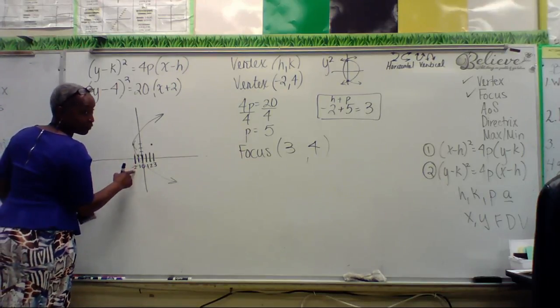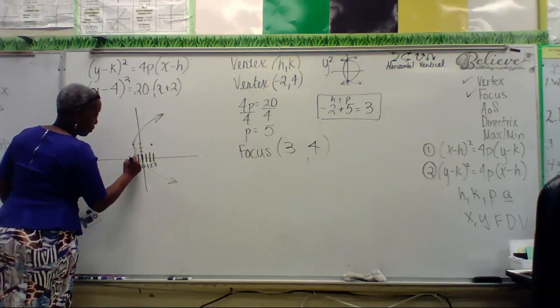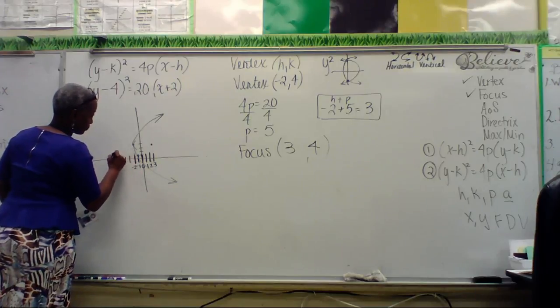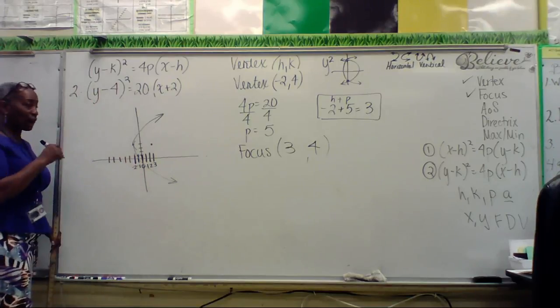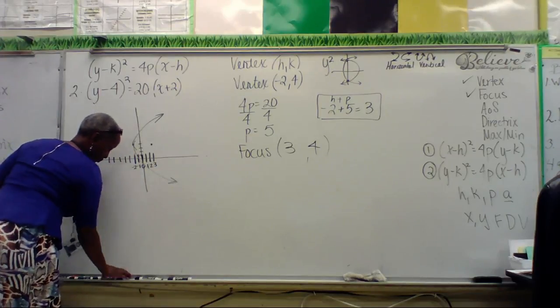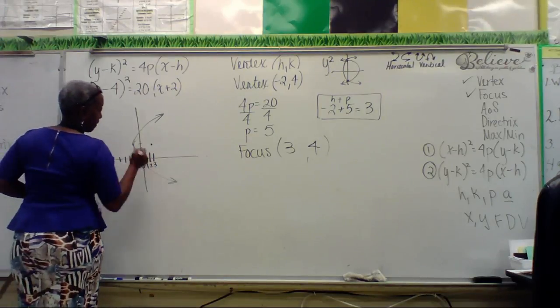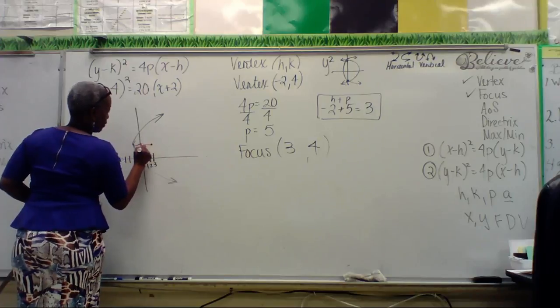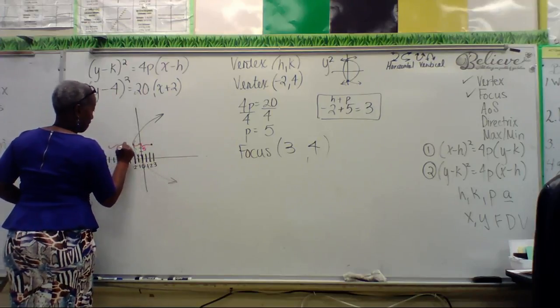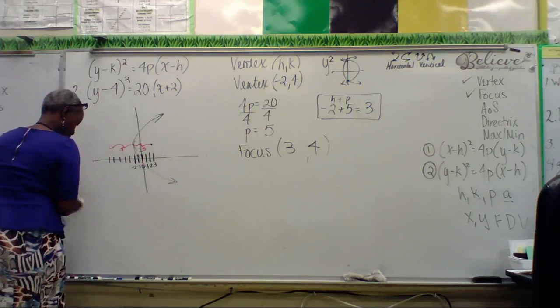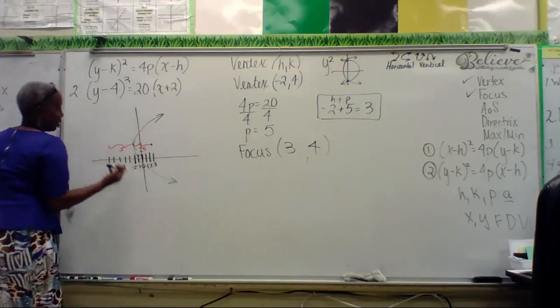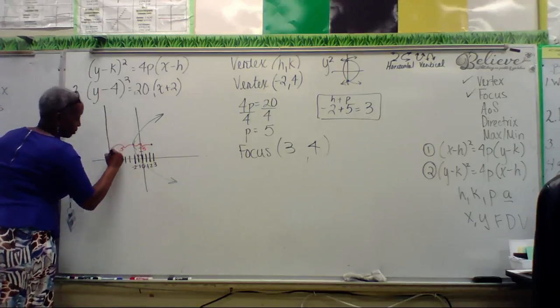So I'm at -2, so I want to come back 5. I came back 5, right, Rochelle? So let me put my 5 here. So I draw my directrix.